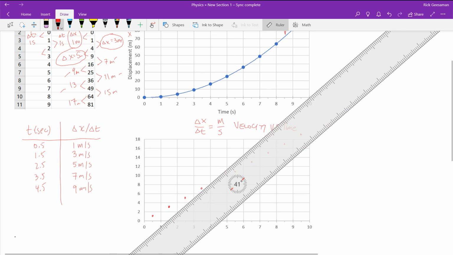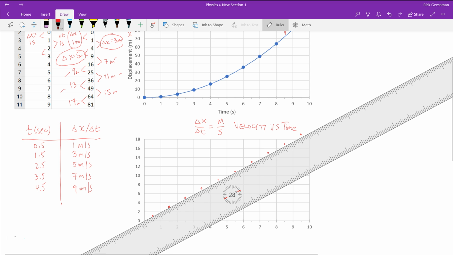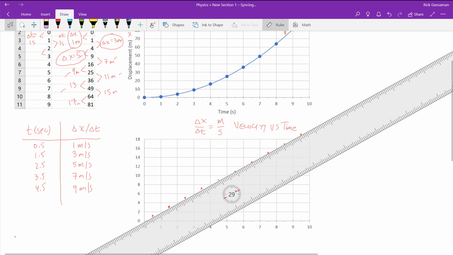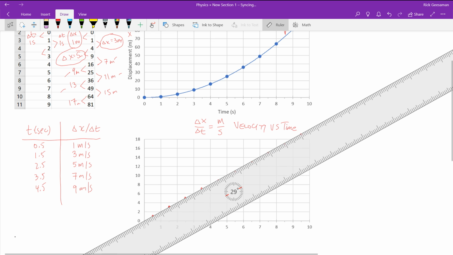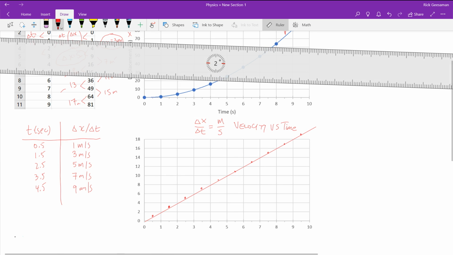Now, if I were to create a straight line between all of these, let's see how well I did. We know it's going to be at 0, right? And lo and behold, that's pretty good. Now, just imagine that my graph went through the origin.